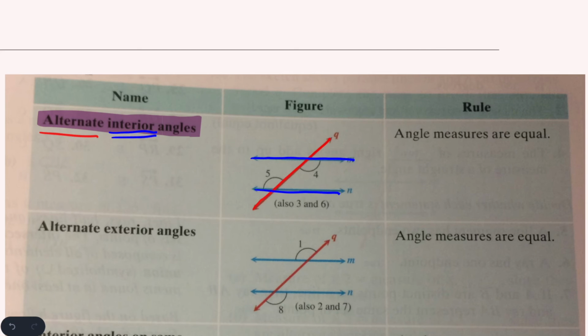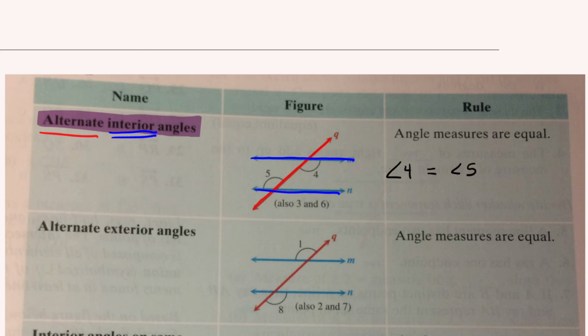So if you have two angles that are alternate the transecting lines, but interior the parallel lines, they are equal. So this is the notation for angle 4, the little angle symbol 4. Angle 4 equals angle 5 in this picture.